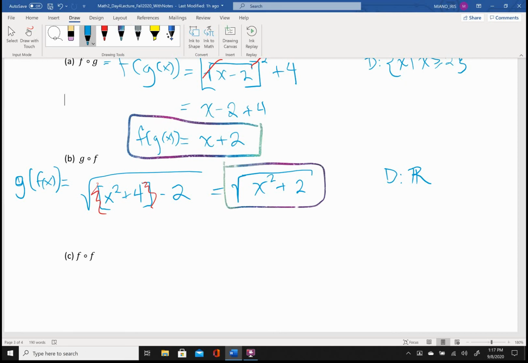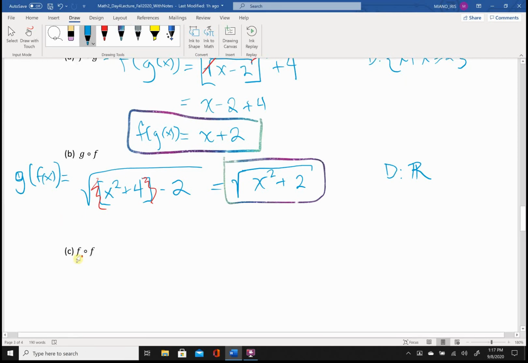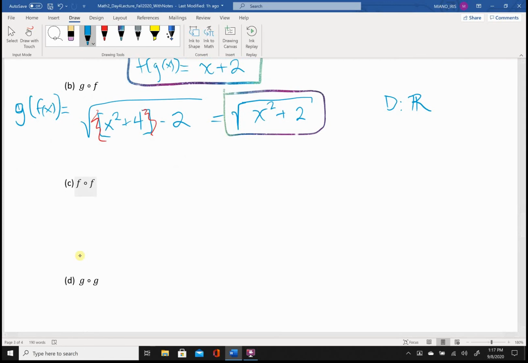Great. Moving on to f composed inside of itself. So this will be like you have f of x. Take your f function of x squared plus 4, and instead of the first x, say, okay, whatever I'm feeding into my f function, I'm going to square it and then add 4. But what goes in here?